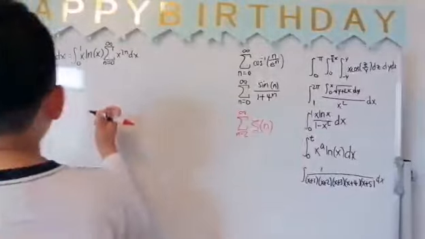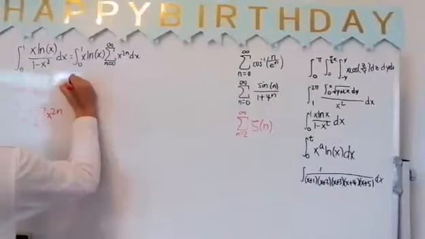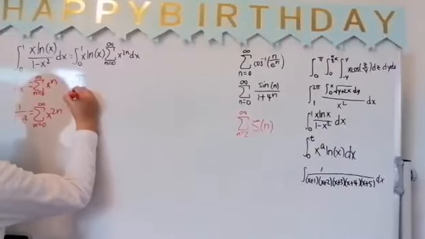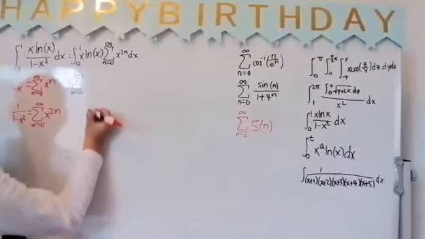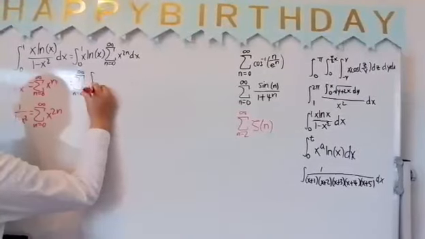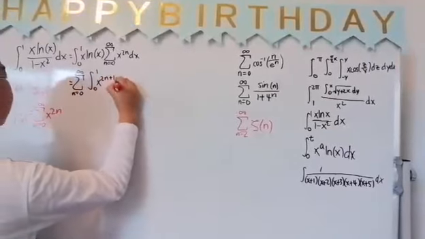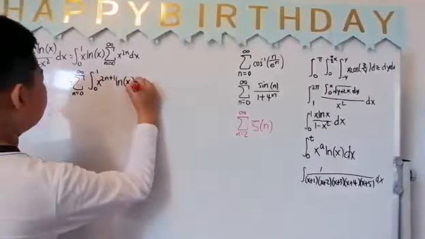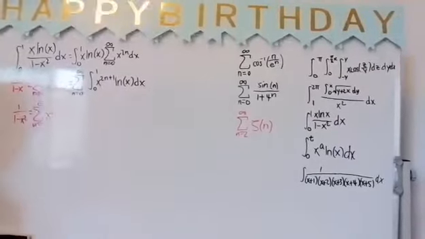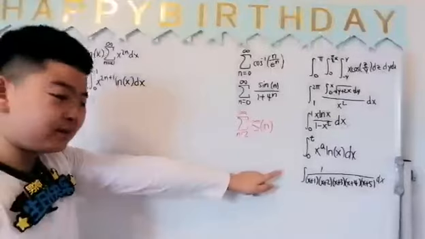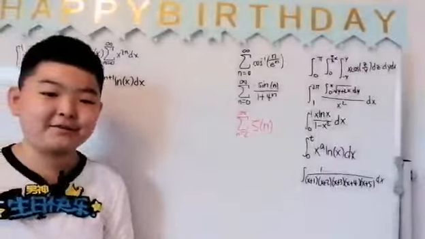Alright, so that was a lot of talking for one step. So we have this equals the sum, n equals 0 to infinity, of the integral of x to the 2n plus 1 times the natural log of x dx right here.